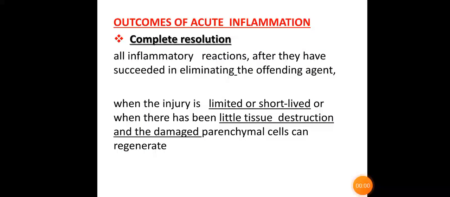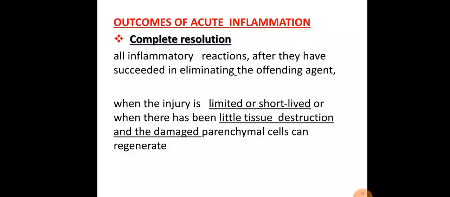About the outcomes of acute inflammation, we have complete resolution. After an inflammatory reaction has succeeded in eliminating the offending agent, complete resolution occurs. When the injury is limited or short-lived, or when there has been little tissue destruction and damage, parenchymal cells can regenerate and complete resolution will occur.